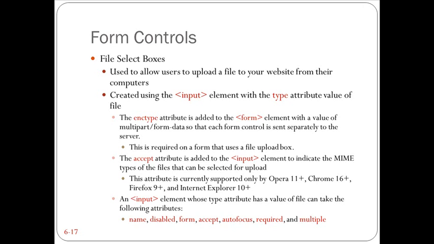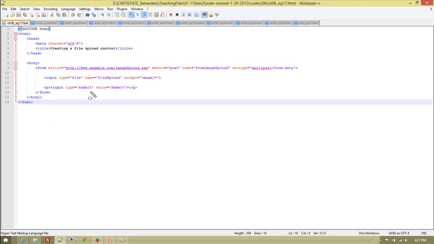An input element whose type attribute has the value of file can also take name, obviously it's going to have a name, disabled, form, accept, autofocus, required, and multiple. So you can see in here on our form we have the encryption type, which is multipart/form-data, and then in the input we gave it a file and we told it that it would accept anything that is an image, any type of image whatsoever.